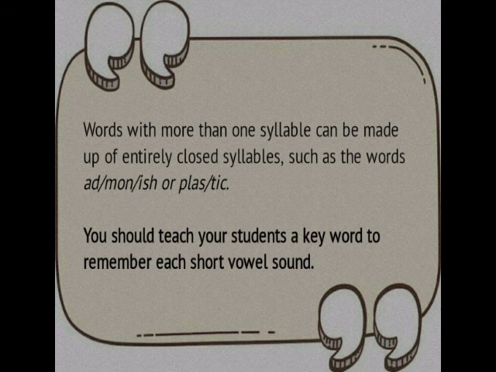Words with more than one syllable can be made up of entirely closed syllables, such as the words admin or plastic. You should teach your student a keyword to remember each short vowel sound.